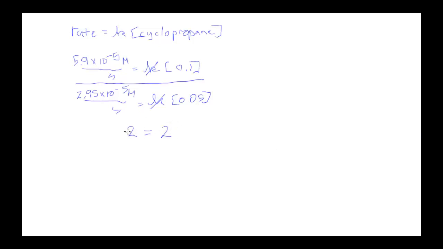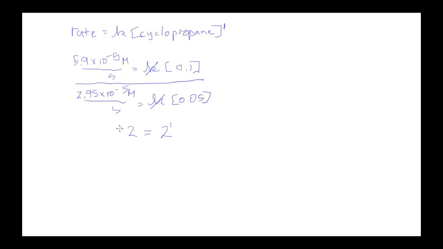So 2 to the what power gives you 2? Well, that's 2 to the 1. So the exponent here must be 1. So the rate law for this reaction is rate equals K times cyclopropane to the 1 power.